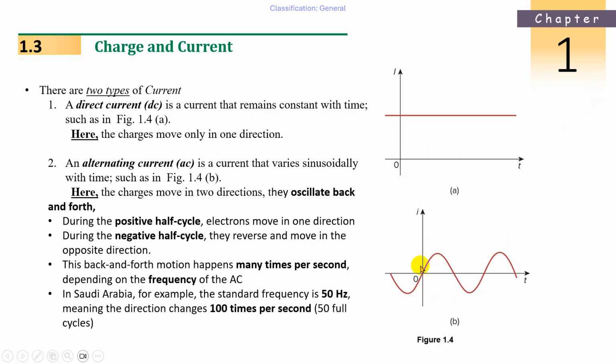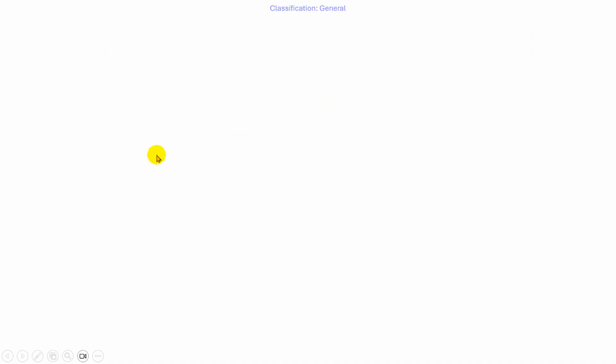From this 0 to the second 0 is called a cycle. One part is positive, one is negative; the two joined together is called one cycle. So how many cycles do we have in the Saudi Arabian power supply? We have 60. The unit is hertz, meaning frequency: 60 hertz means 60 times in 1 second.